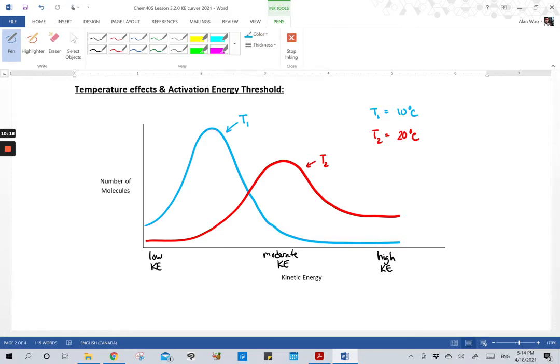So the one thing that we can say about T1 is that the majority of molecules have low kinetic energy, compared to the T2. So this line here tells you that most molecules in the reaction have a lower amount of KE.